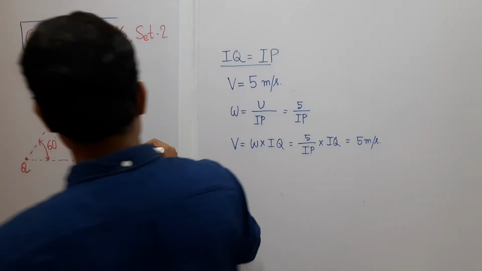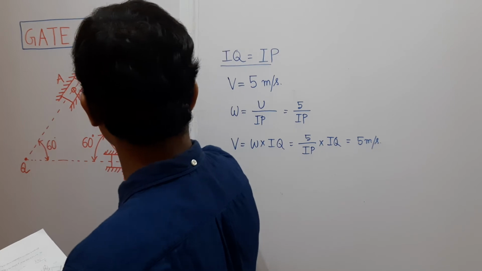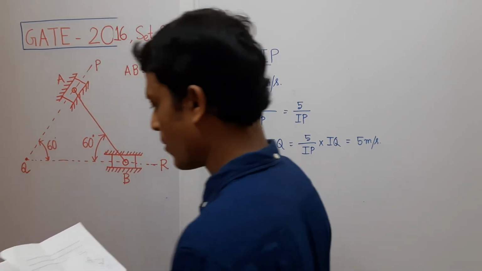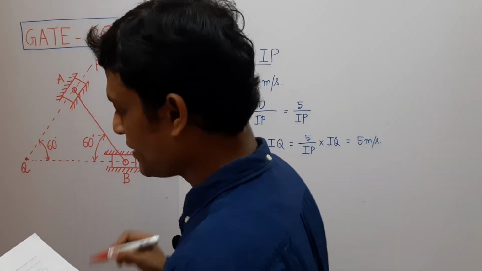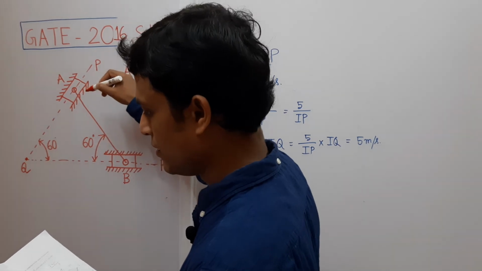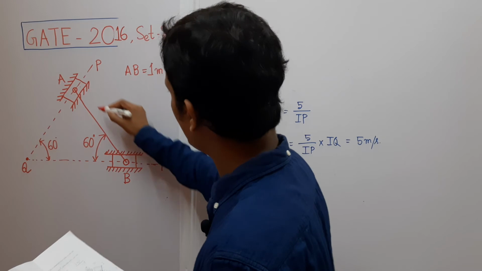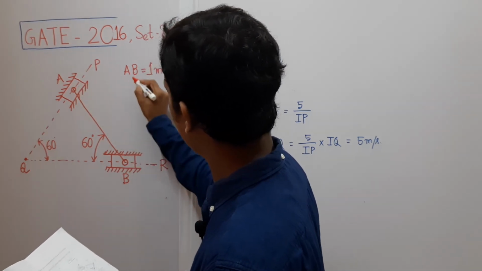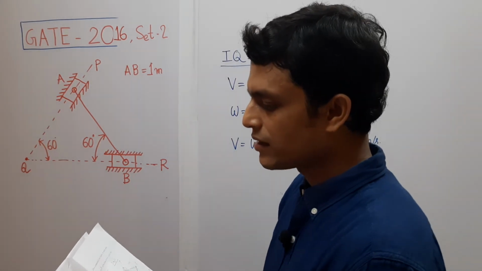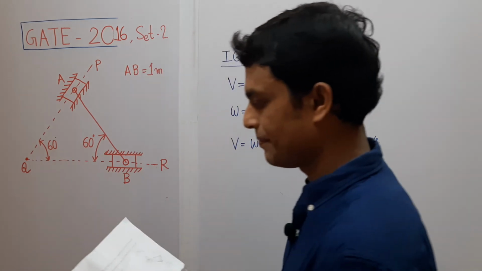The rigid rod AB, this is rigid rod AB. Length of rigid rod AB is 1 meter. So AB equal to 1 meter. And it is connected to two sliders at each end, A and B. The sliders can slide along QP and QR.